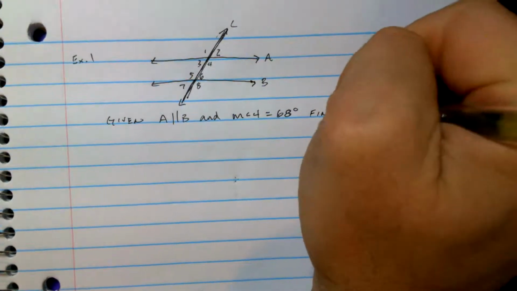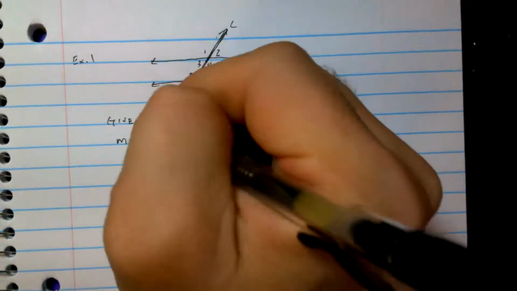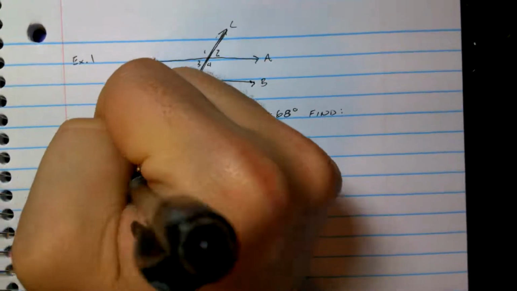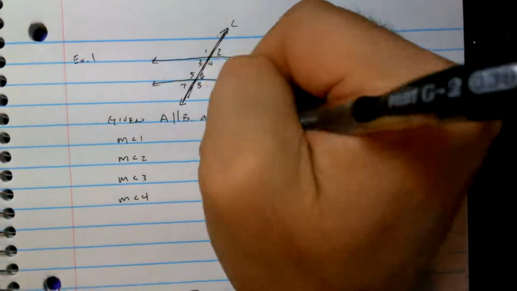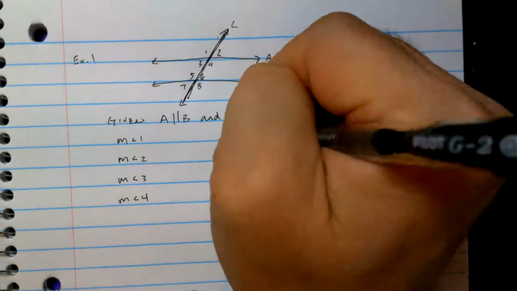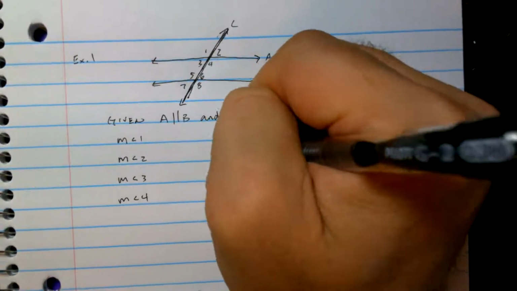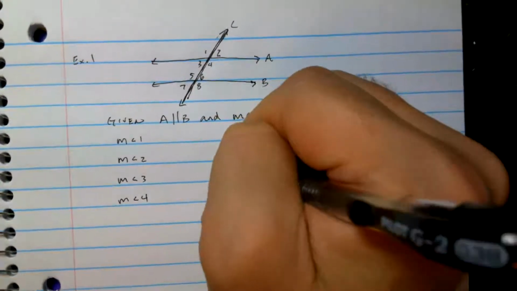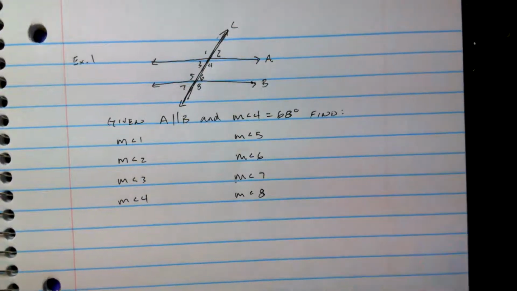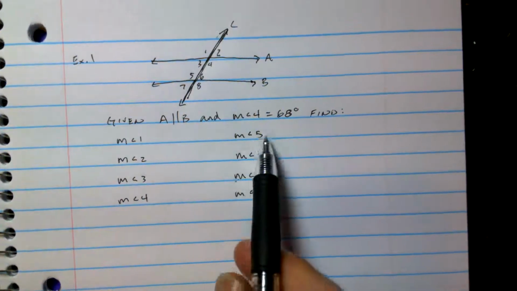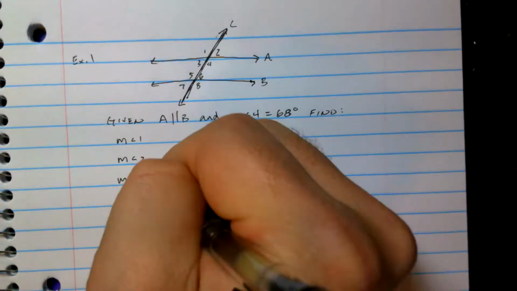Find the measure of angle 1, angle 2, angle 3, angle 4, angle 5, angle 6, angle 7, and angle 8. So find all 8 angles, given that the only one you know is 68.